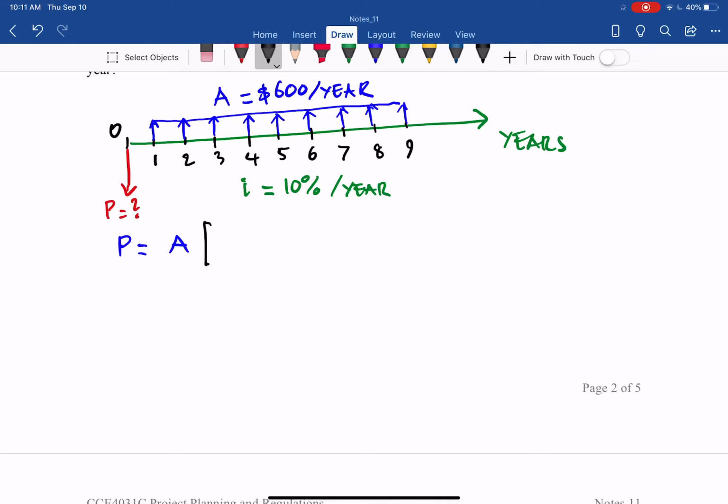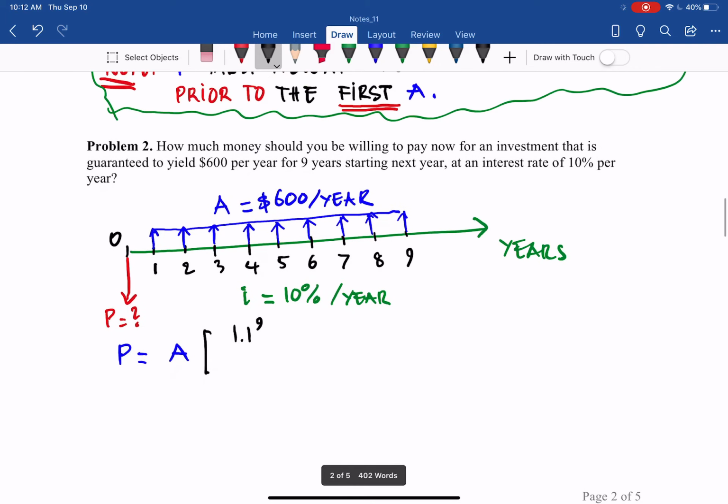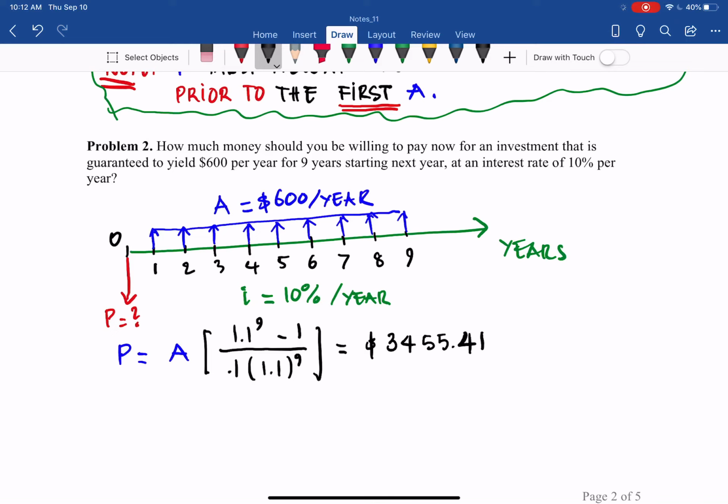So it will be 1.1, because 10%, power 9, minus 1, over 0.1 times 1.1 power 9. From that we have 3455.41. So if we use the direct equation, we get that number.